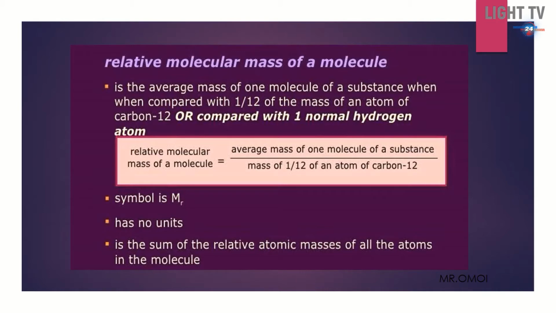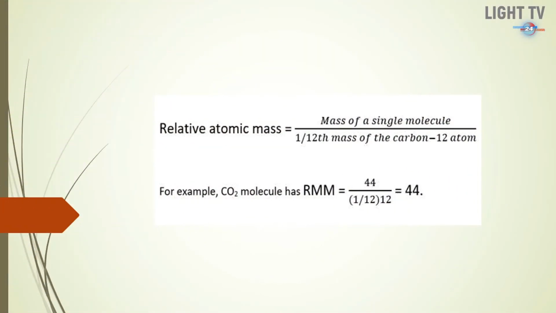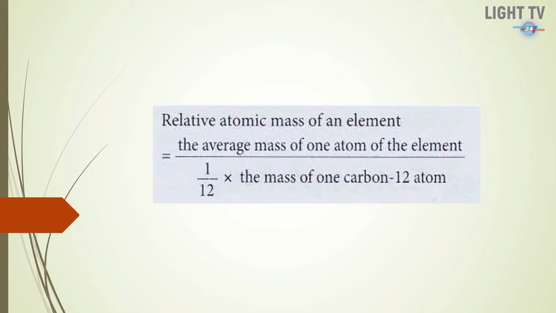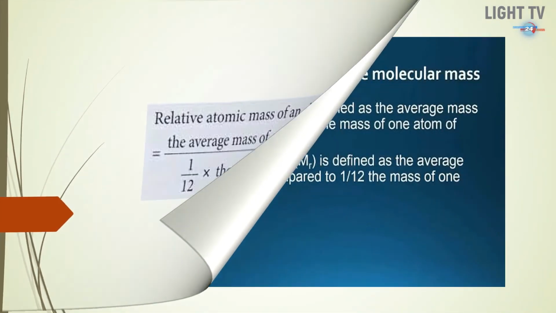Carbon 12 is the reference atom that is used for comparison with other elements in the periodic table. So you can simply say that RAM is equal to the average mass of one atom of an element divided by half the mass of an atom of carbon 12. That is basically what RAM is.